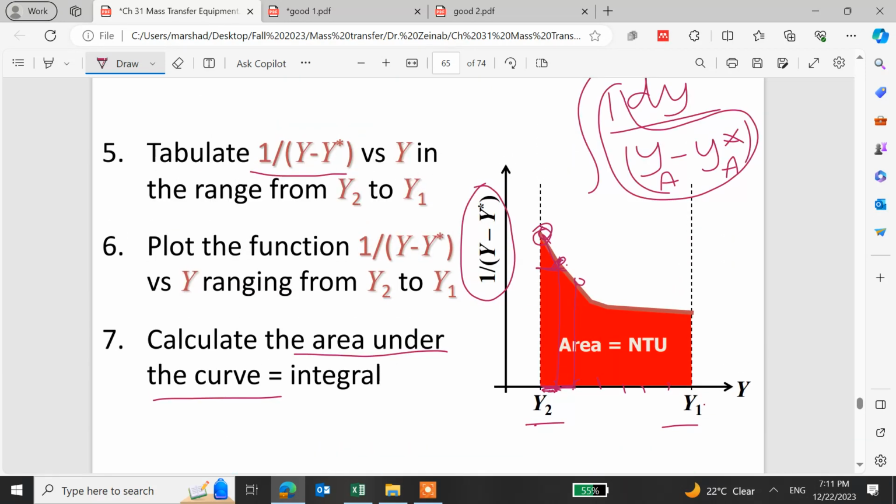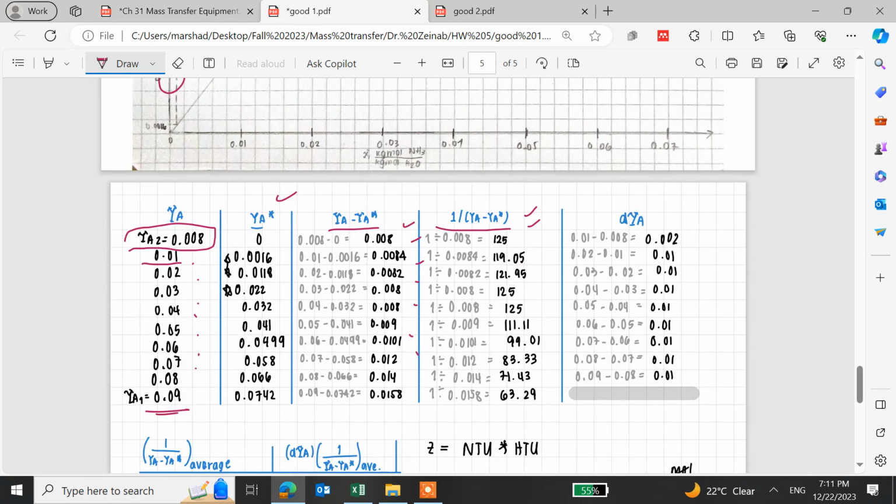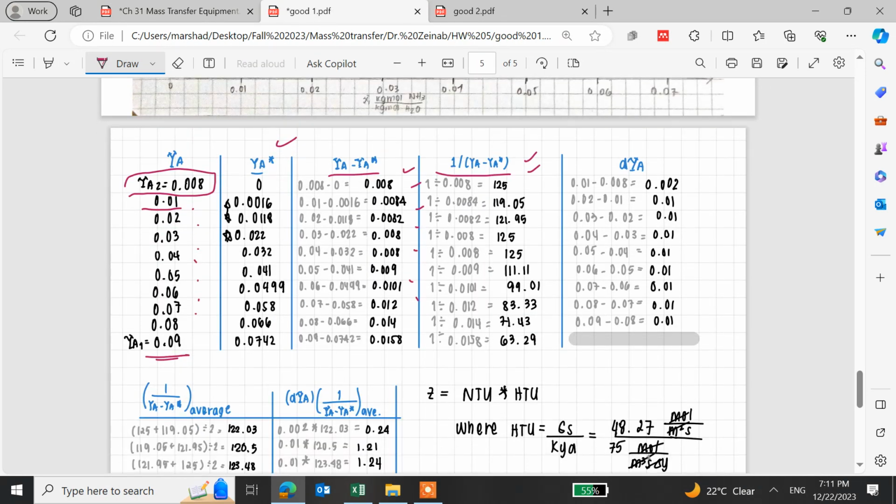So this delta difference, delta y, or delta ya in this interval, which is basically in this case 0.01 minus 0.